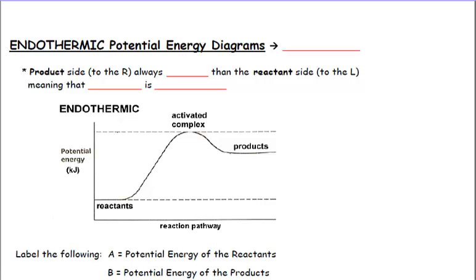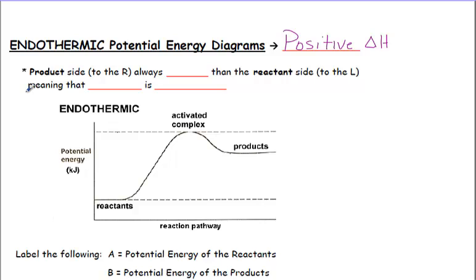So let's start with endothermic potential energy diagrams. These have positive delta H's. Remember, delta H is enthalpy, or the change in heat, which would be how much heat is either released or absorbed.